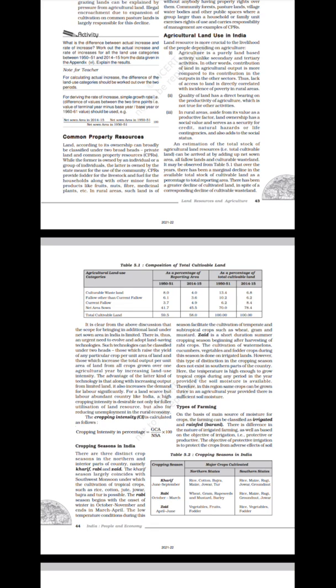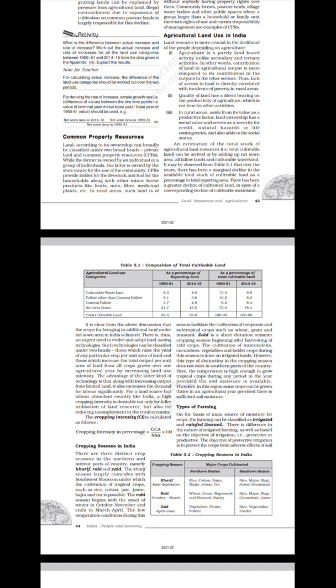Current fallow 3.7, 4.9, 6.2, 8.4. Net area sown 41.7, 45.5, 70.0, 78.4. Total cultivable land 59.5, 58.0, 100, 100.